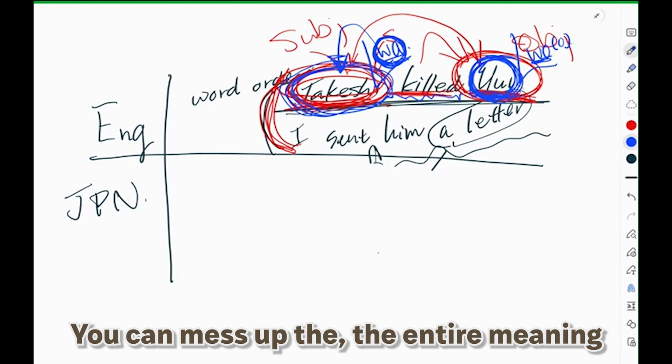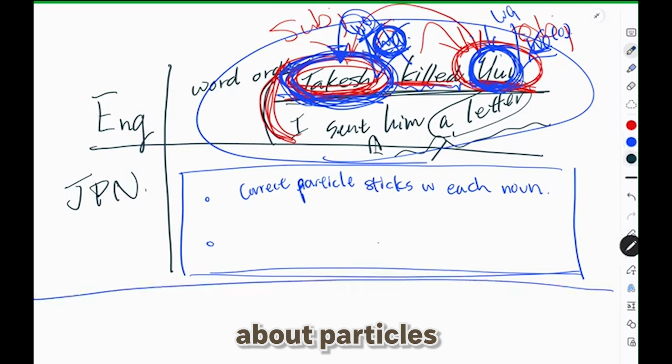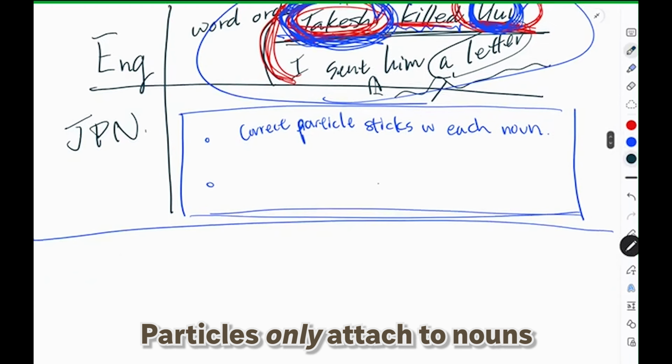So with that, let's cover some particles. Sorry, I forgot to mention the second rule. I said we can shuffle the word order in Japanese as long as we keep two rules. One is the correct particle with each noun. Just a basic but really important fact about particles: particles only attach to nouns.